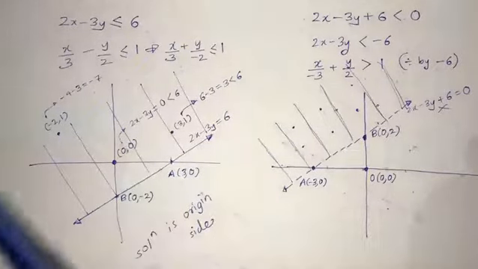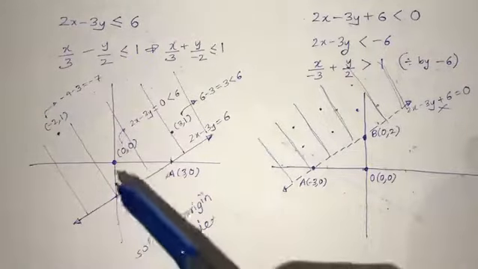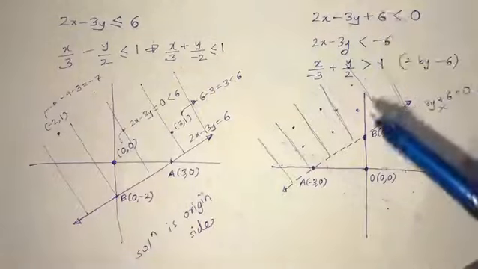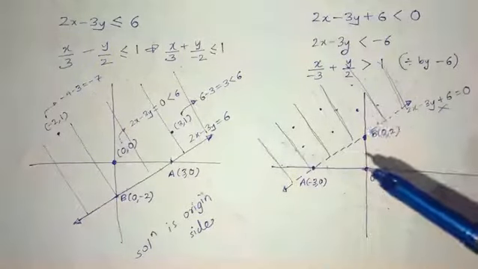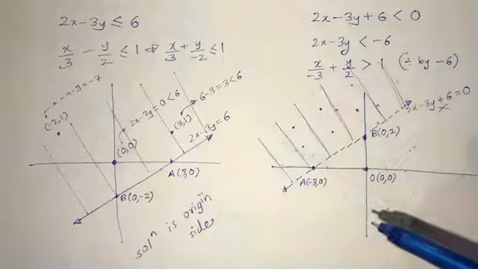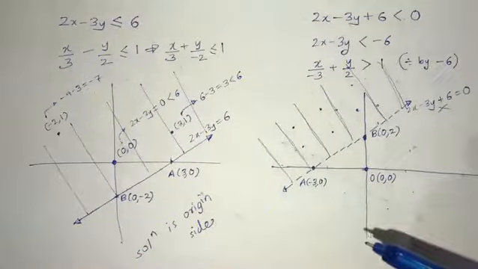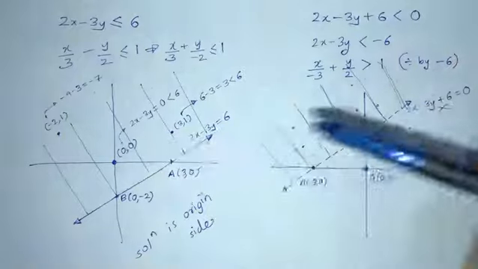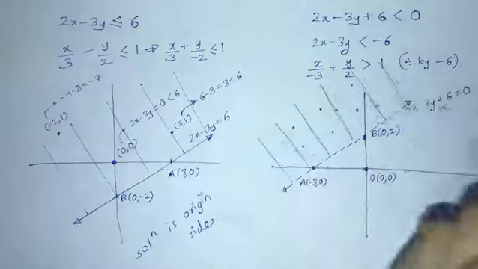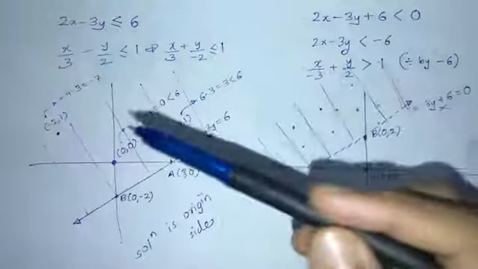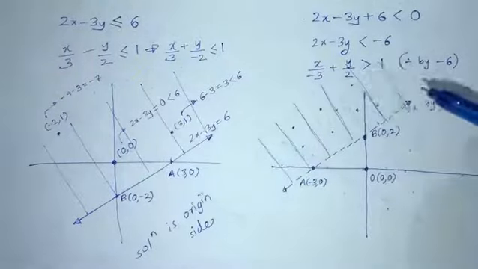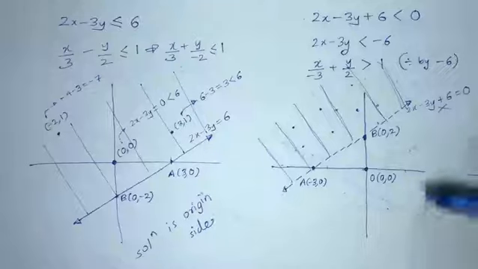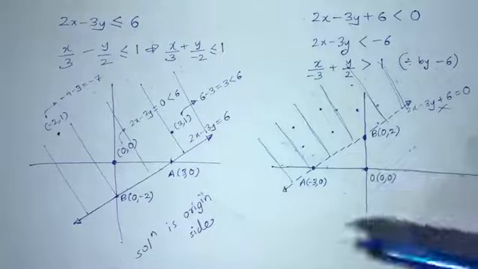So the solution to this inequality is the half plane containing the origin. The solution to this inequality is the half plane not containing the origin. Therefore, non-origin side, origin side, open half plane, closed half plane. The origin does not satisfy the inequality. Therefore, any point here will not satisfy the inequality.